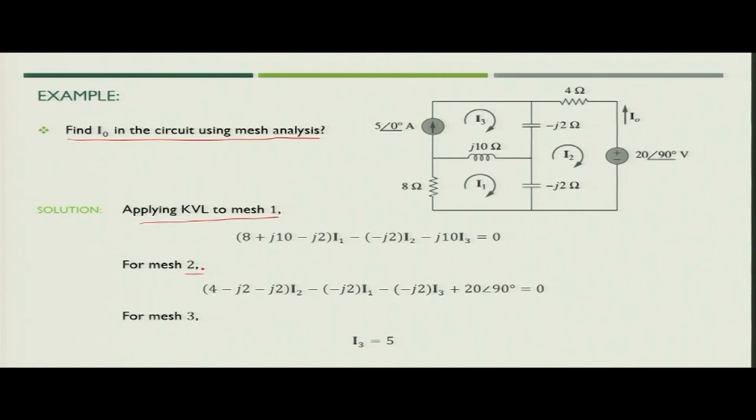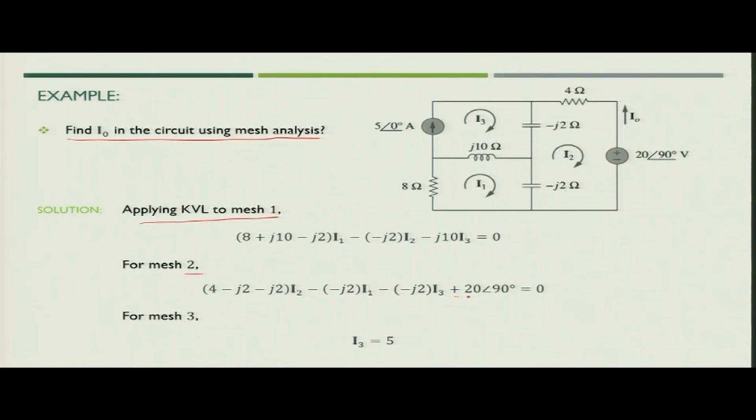Similarly, for mesh 2 you can write the equation as (4 minus j2 minus j2) into I2, minus of minus j2 into I1, and then minus of minus j2 into I3 for this element, plus the voltage source, because we are going from positive to negative.